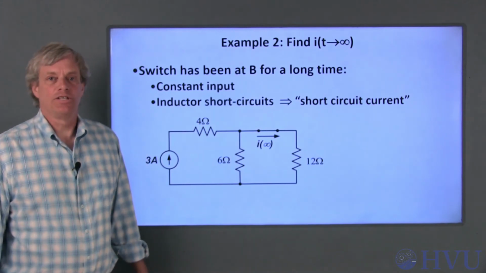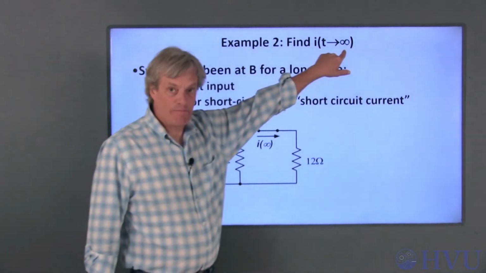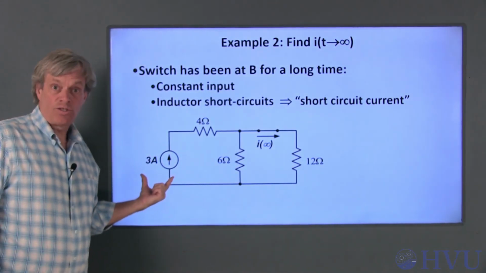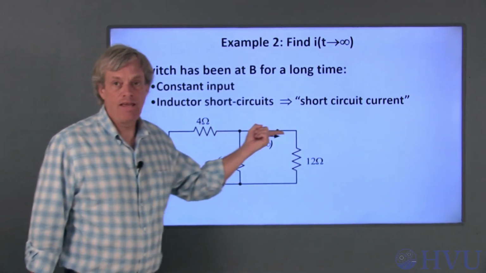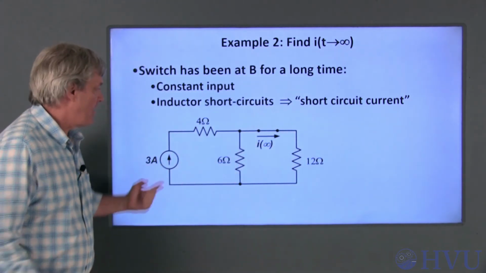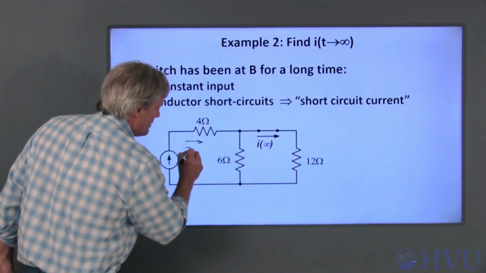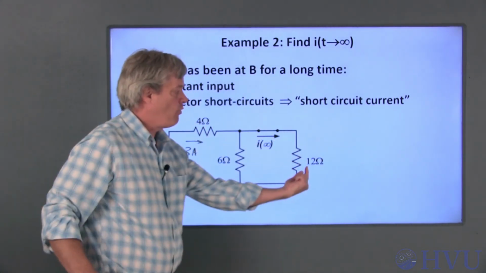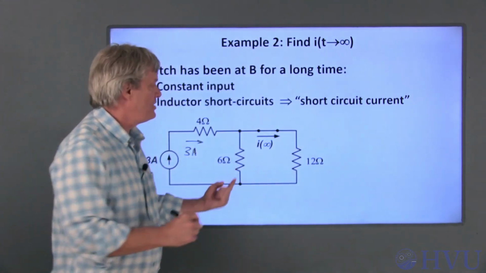Finally, the final condition is the inductor current as time goes to infinity. The inductor has been connected to the constant current source for a long time, so the inductor behaves like a short circuit. The inductor current can be determined from a current divider. We know the current, 3 amps, into a parallel combination, and we want to find the current in one of the resistors in the parallel combination.